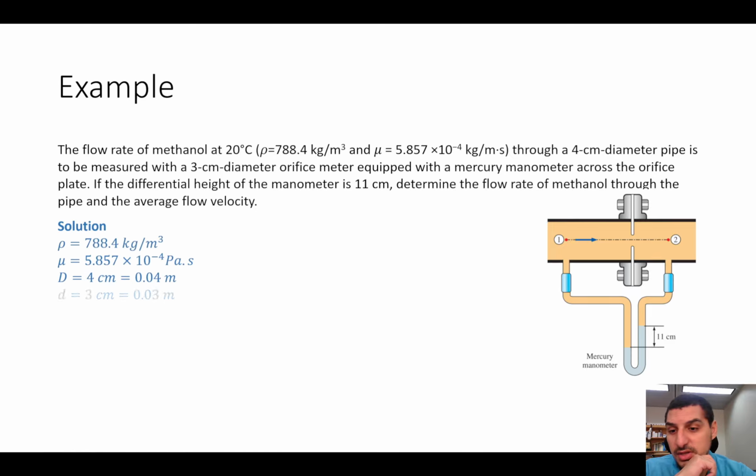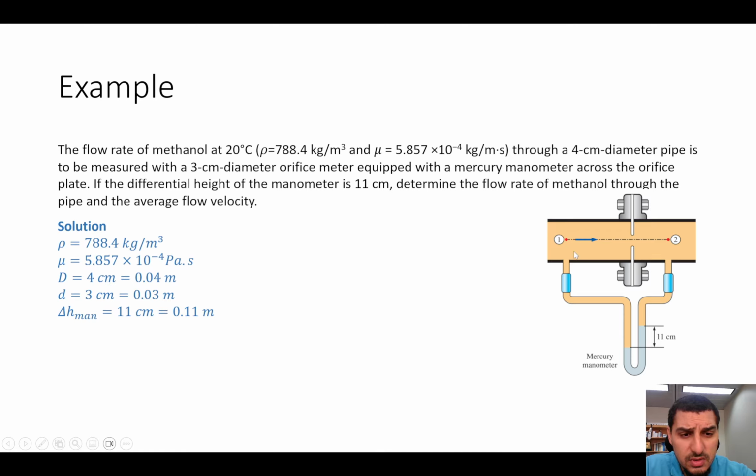I put here the information that we know, and from the manometer we can find the pressure drop, or the difference in pressure, between point 1 and point 2. These two points are at the same height in the same connected fluid, so the pressures are equal.